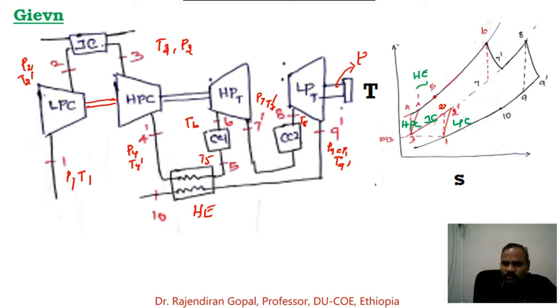Then 5 to 6 is the combustion chamber 1. From state point 6 it is expanded in the high pressure turbine to state point 7 dash. Again it is heated by the reheater to state point 8. Then it is expanded through the low pressure turbine to state point 9 dash. Then the heat is transferred by the heat exchanger from state point 9 dash to 10.